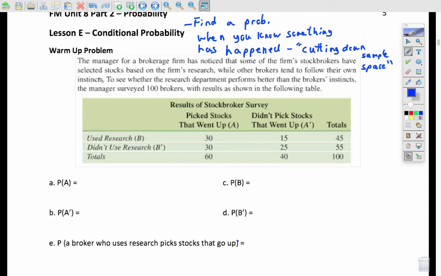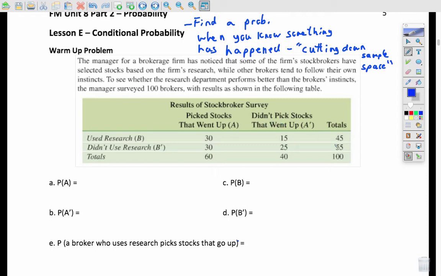So the warm-up problem here is that we've got the manager for a brokerage firm that has noticed some of the firm's stockbrokers have selected stocks on research, and that would be event B, and others tend to follow their own instincts. And some of the stocks went up in value, some went down in value.